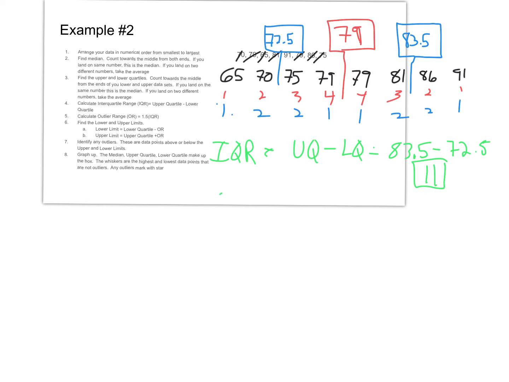Okay. Our outlier range is next. Remember, it's always 1.5 times the interquartile range. So in this case, 1.5 times 11 gives me 16.5.